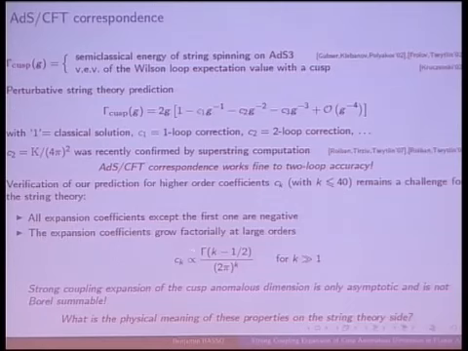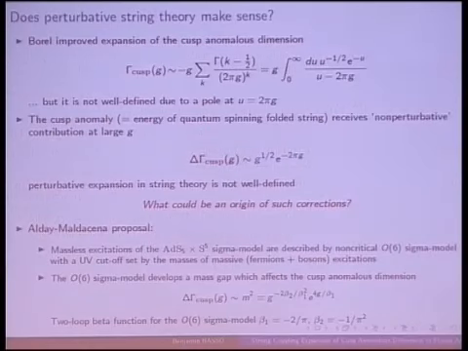It means that the strong coupling expansion of the cusp anomalous dimension is not convergent and is only asymptotic, and is not Borel summable because of the absence of sign flipping. One may ask what it means on the string theory side, such a behavior for the 1/g expansion.